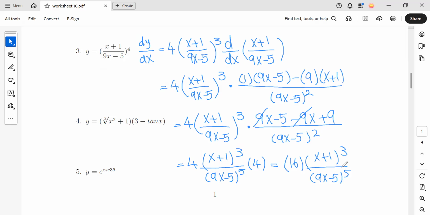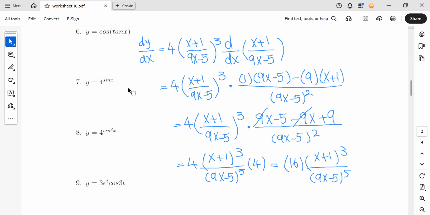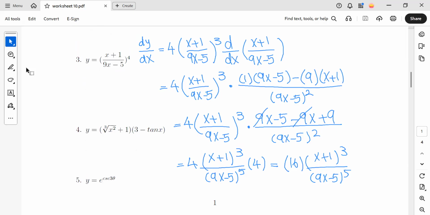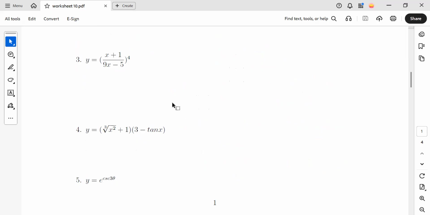Okay, number 4. Number 4 is a product rule. Since we have two parts, and both parts have variables, we would find the derivative using the product rule.